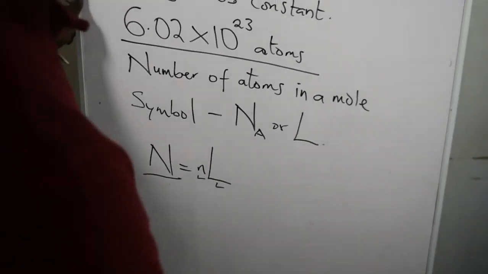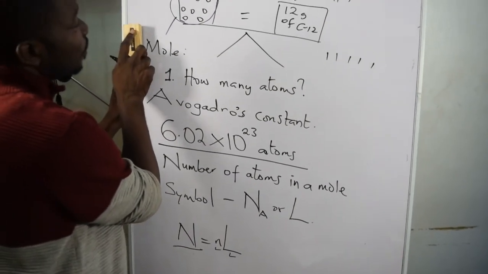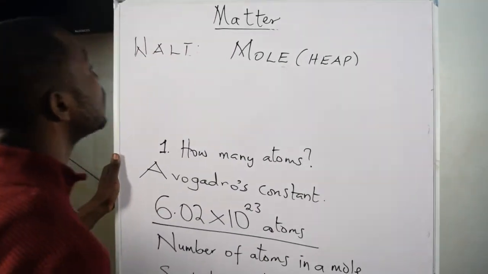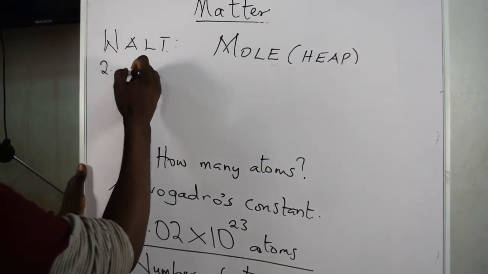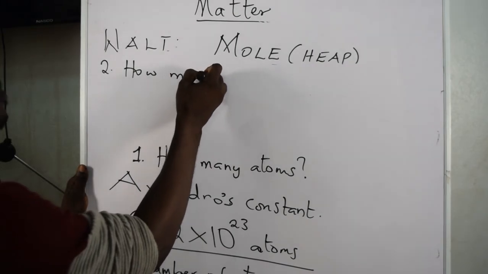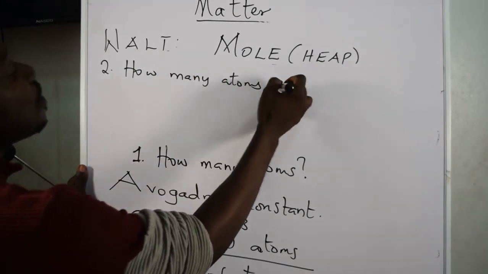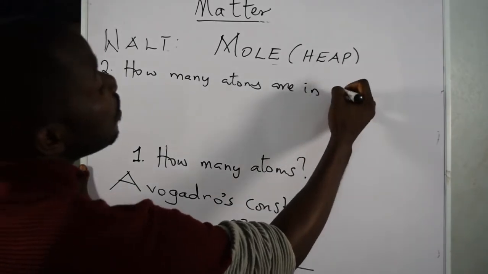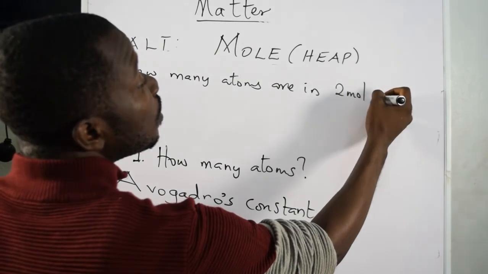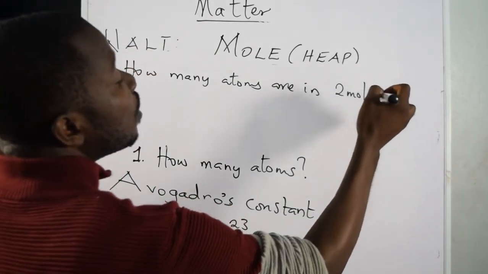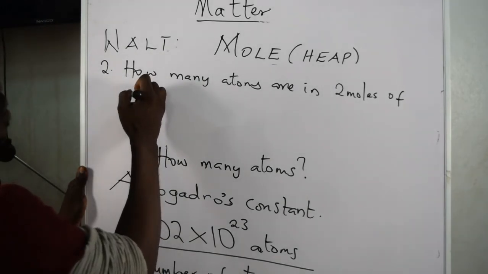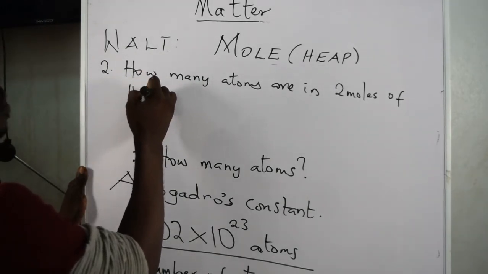I think we should look at one example on Avogadro. How many atoms are in 2 moles of water?